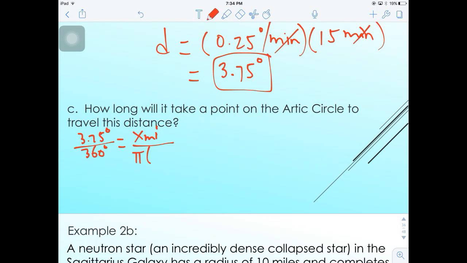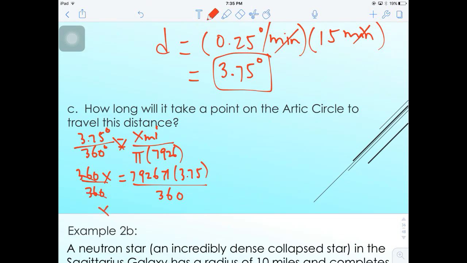The diameter for the equator is given in this case as 7926 miles. If we cross multiply, we will have 360x equals 7926 pi times 3.75. Dividing by 360 on both sides will give us the final answer, and you should use your calculator at this point to verify the answer.